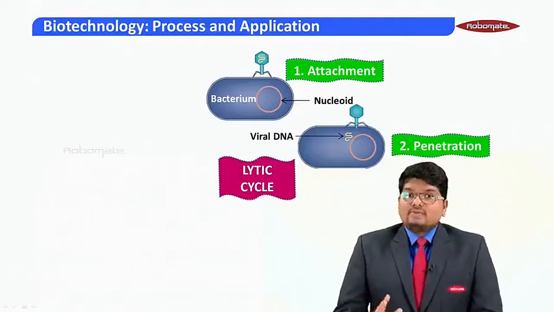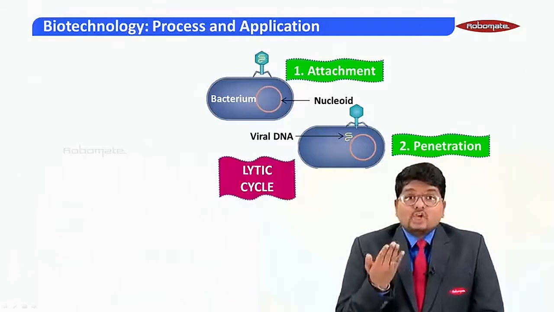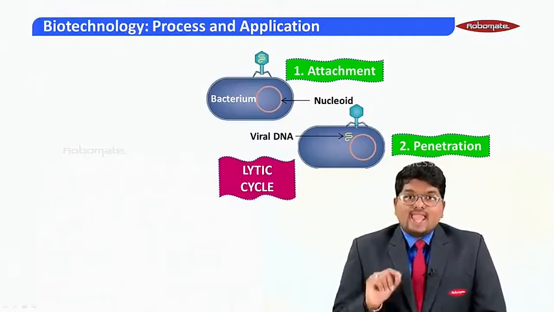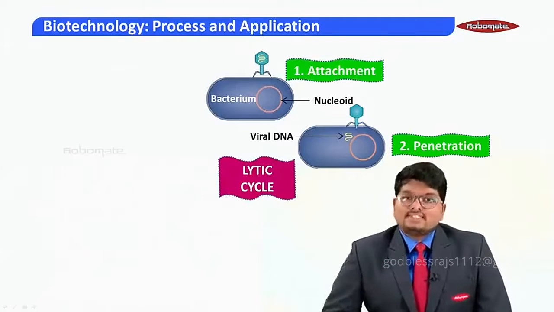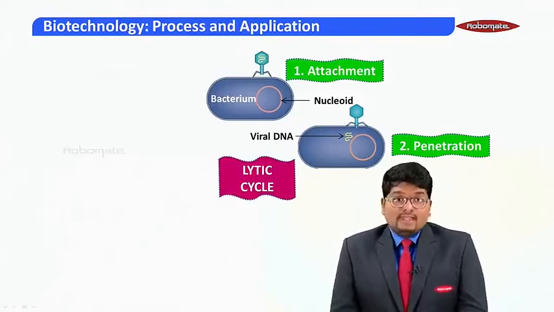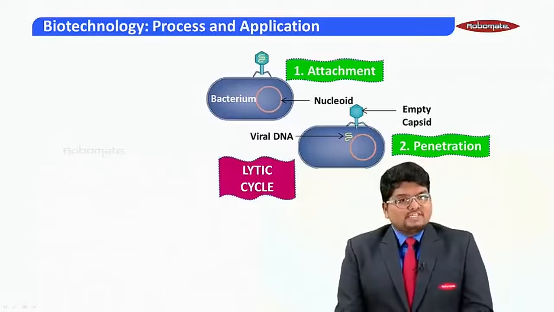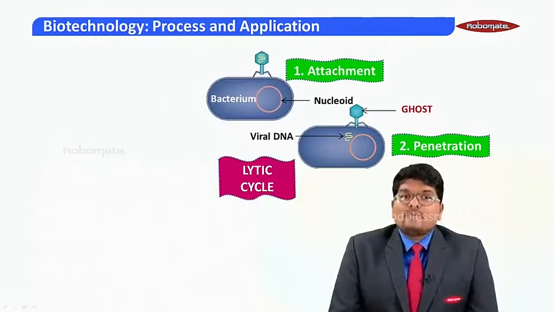The tail fibers contract and then they bring the base plate closer to the surface of the bacterium, and hence the viral DNA is injected into the bacterial cell. And now can you see the empty capsid or the empty bacteriophage body outside? So this empty capsid is termed as ghost. So this is the second step of penetration.